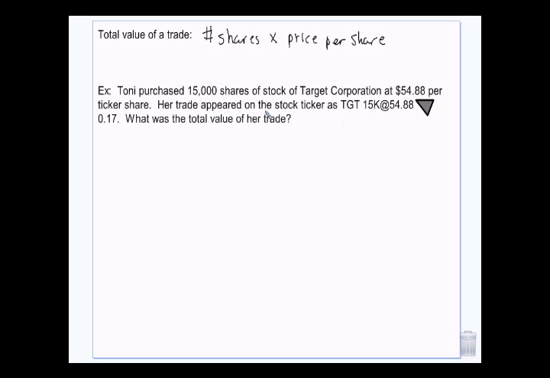We don't need to know anything else about her transaction other than that she bought 15,000 shares. We're going to multiply that by her price per share. And the value of her trade was $823,200.